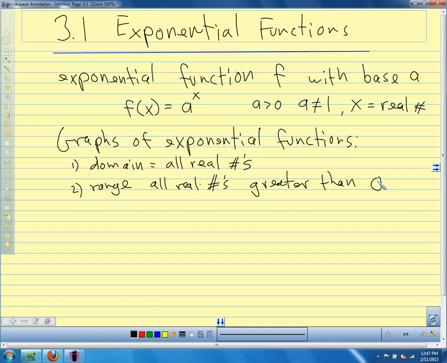Our graph is always going to have a y-intercept. If we don't do any kind of shifting, our y-intercept is going to be at the point 0, 1. So y equals 1 is our y-intercept. And that is because this was without any shift. So our function is f of x equals a to the x. Because a to the 0 equals 1 for any number.